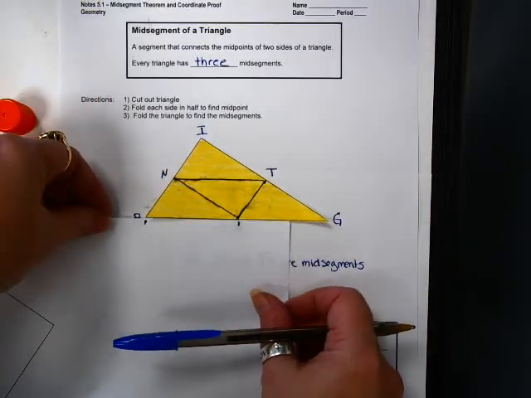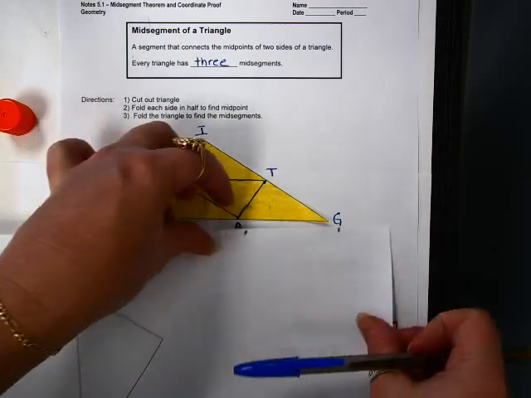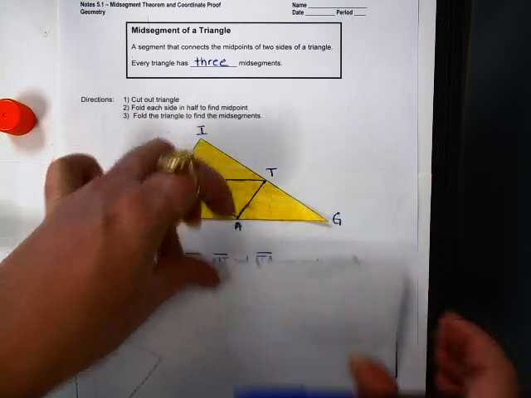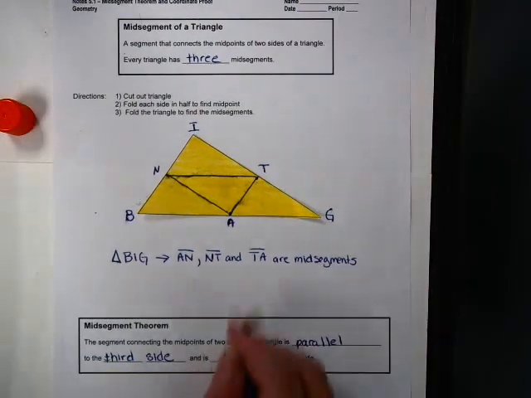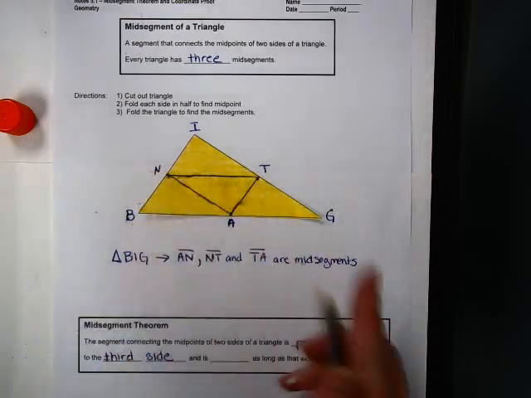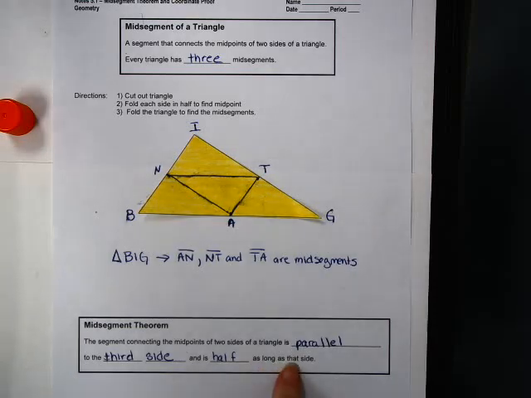Then I go over here and I measure. That's the same as BA, which is the same as AG. So that means that this NT is going to be half as long as that third side.